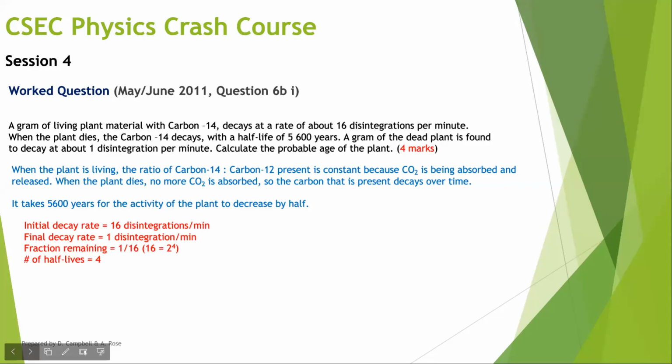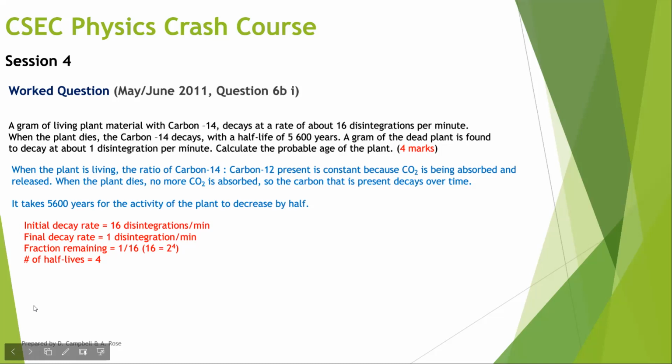So the fraction that is remaining would be 1 over 16 or 1/16, because remember it was initially at 16 disintegrations per minute, but now it is 1 disintegration per minute. All right, so the fraction remaining is 1 over 16, which means that the number of half-lives that would have passed would be 4, because 16 is 2 to the power of 4.